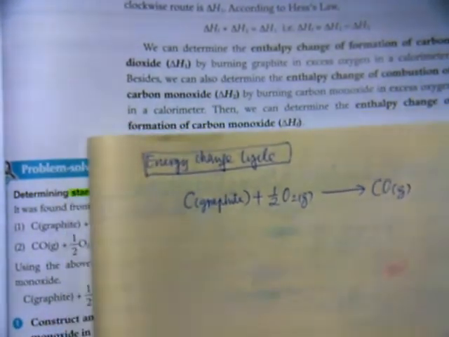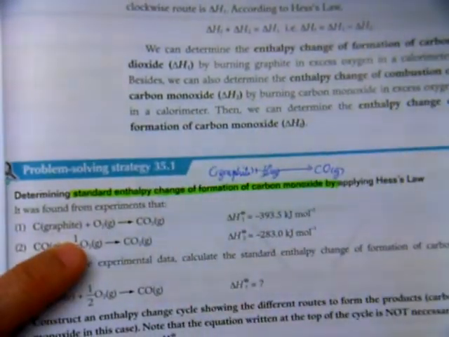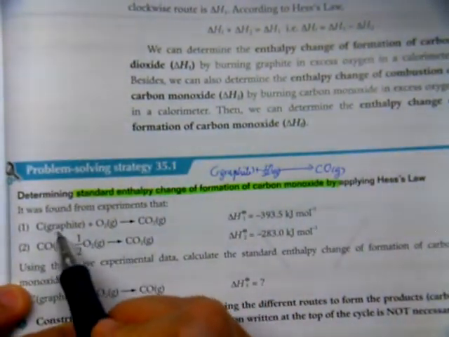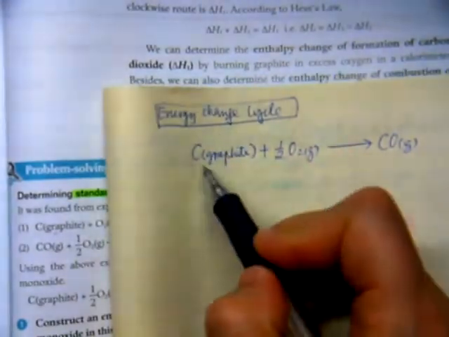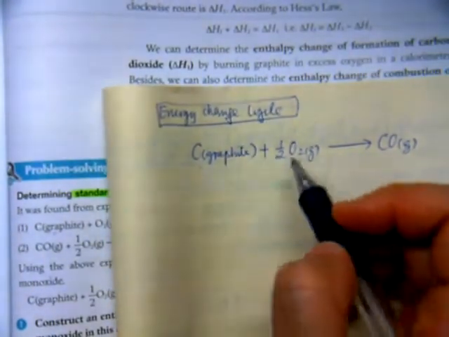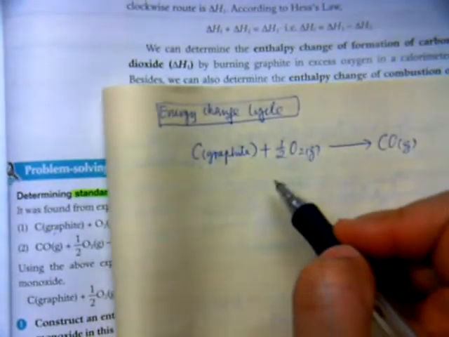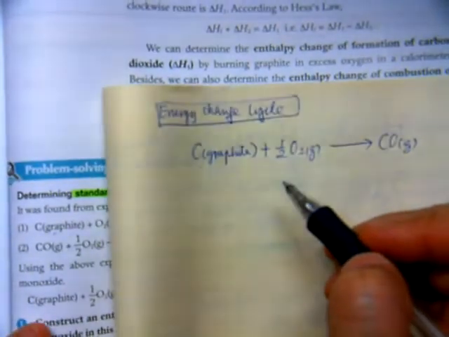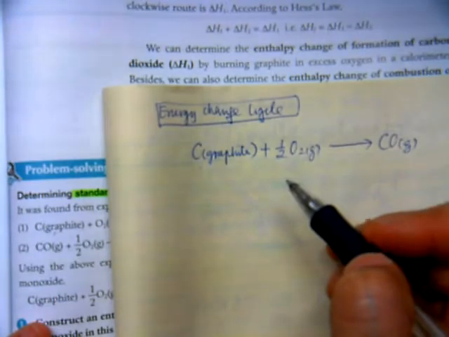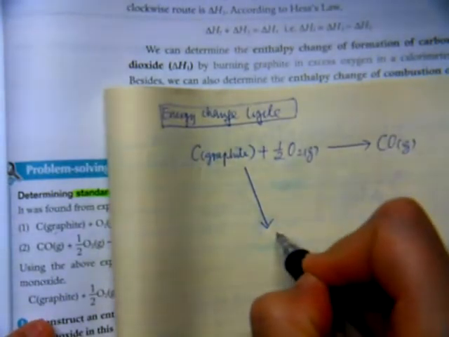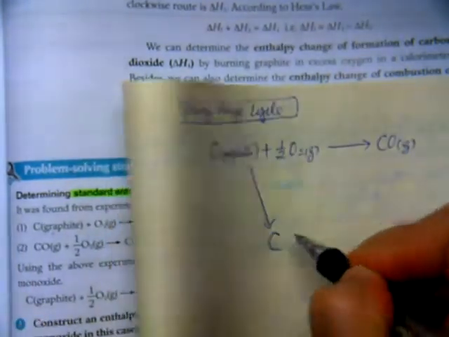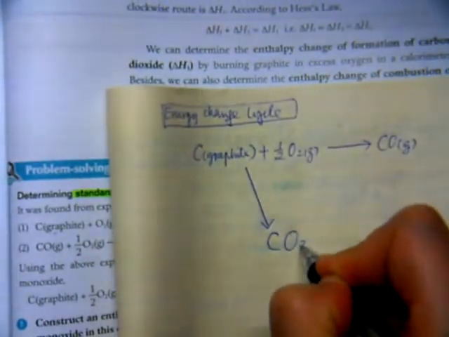Next, look at the data given. This is the first data given. Carbon graphite reacts with oxygen to form carbon dioxide. Compare with your cycle. Here we have carbon graphite, okay? React with O2 to form carbon dioxide. So, pointing downwards, we have carbon dioxide.